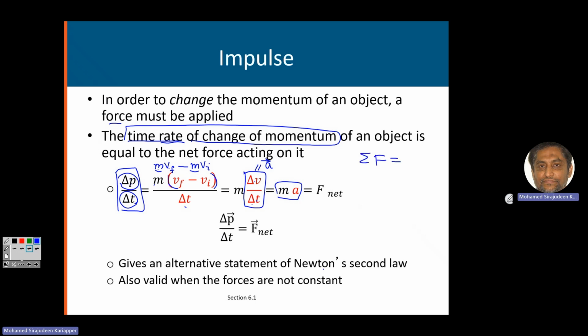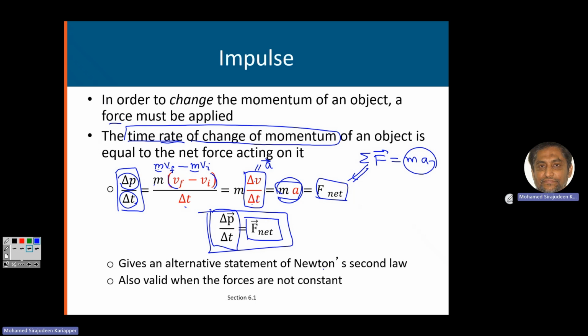Net force is equal to mass into acceleration. So instead of this, I can write the net force. The same. So now what we arrive at finally is the rate of change of momentum is equal to the net force. This is actually Newton's second law. It's nothing but Newton's second law, but expressed in an alternative form.